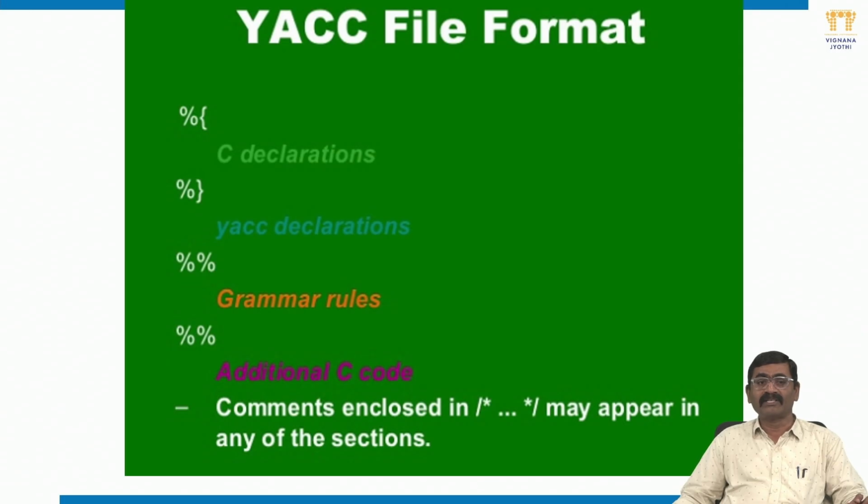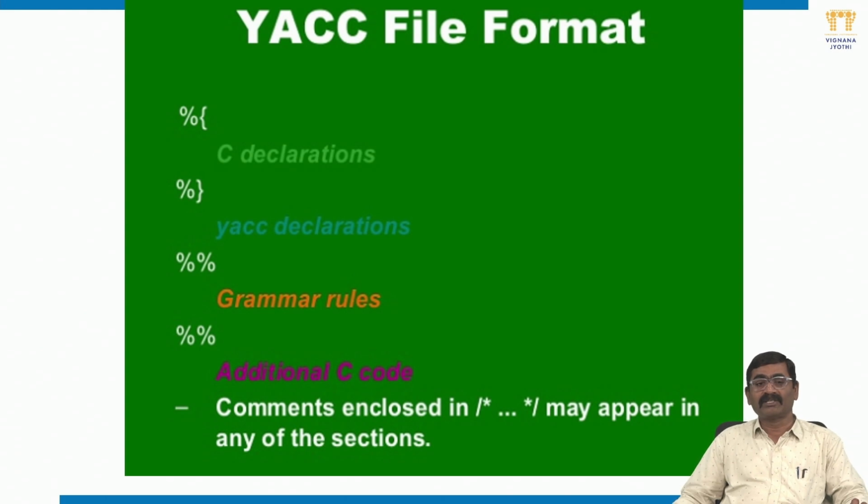Followed by the declaration section, the YACC file also contains one more section, the grammar rule section. This grammar rule section is the heart of the YACC file because this grammar is used to verify whether the input statement is valid or invalid. That's why grammar is very important.